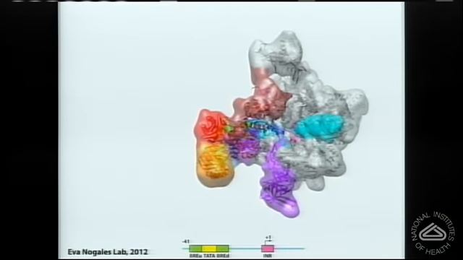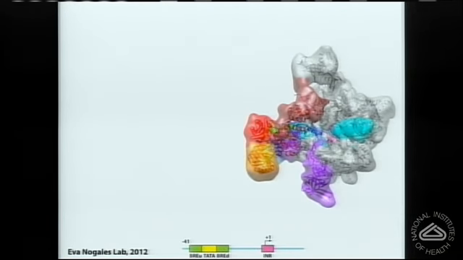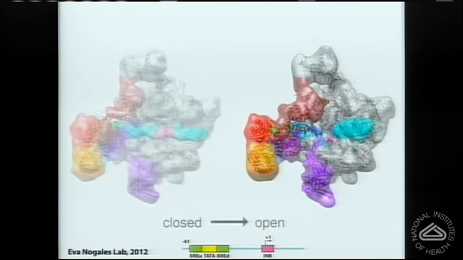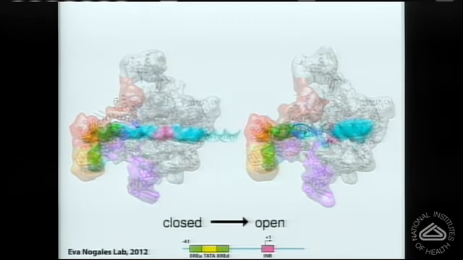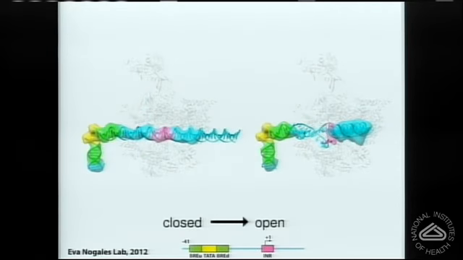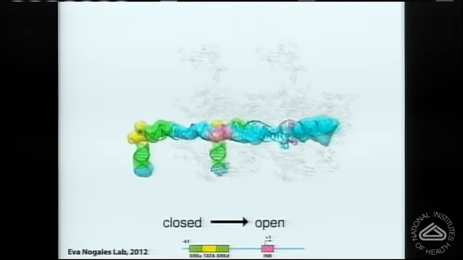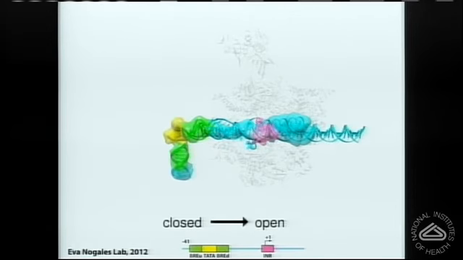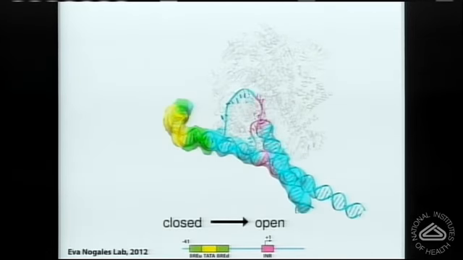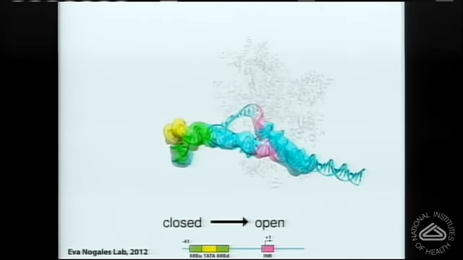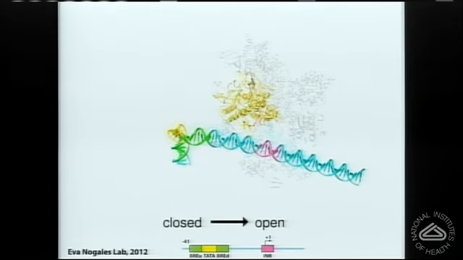In this case, we have all the same protein components, but two different DNA templates, one in the open state, one in the closed state. We can superimpose the structures on the transcription initiation factors and all the upstream DNA, and all the changes happen here, where the DNA has now rotated in plane and moved in to place the transcription start site at the polymerase.